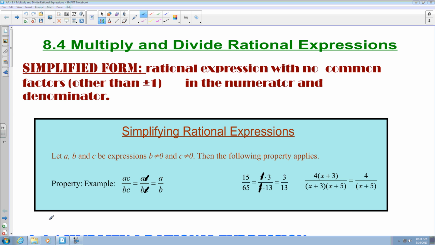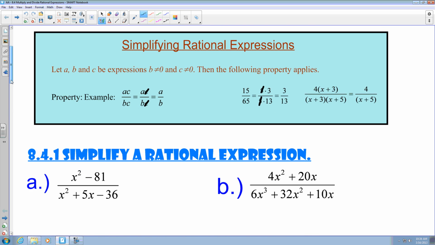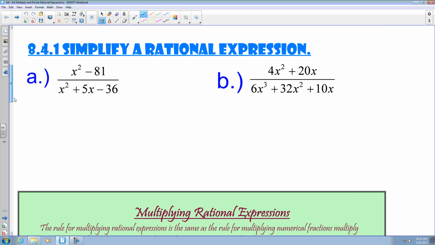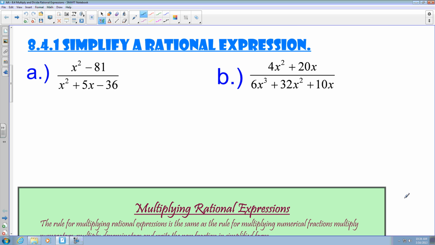So for the most part, multiplication is fairly easy because you just multiply the numerators across and the denominators across.